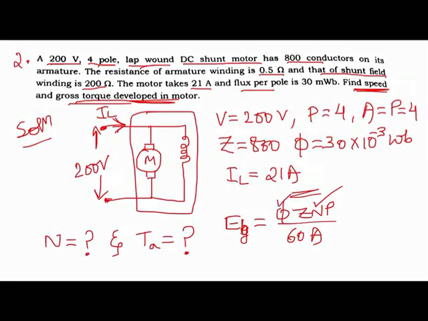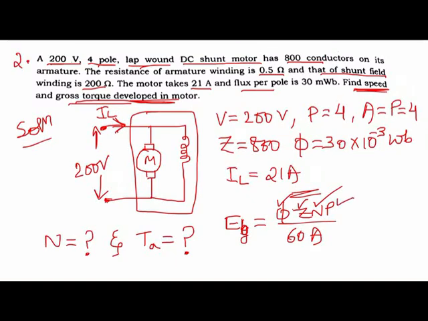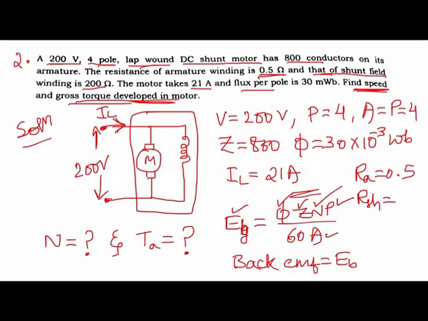The flux, number of conductors, P and A are given, but the back EMF EB is not given for the DC shunt motor. So we need to find the back EMF from the other given data. The armature winding resistance RA is equal to 0.5 ohms, and the shunt field winding resistance RSH is equal to 200 ohms.